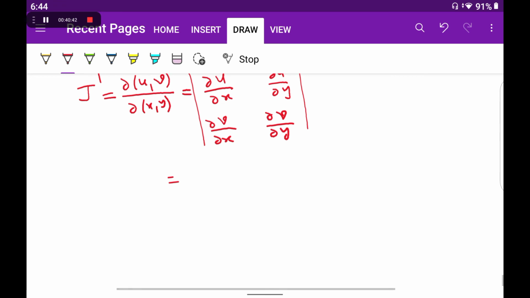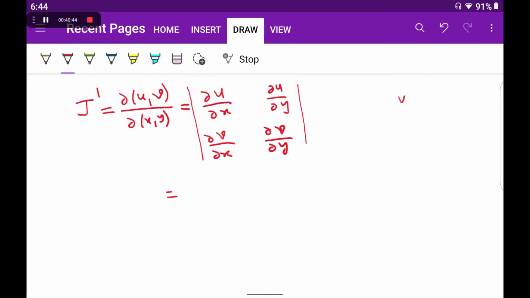So what is u? 1 by 2 into log of x square minus y square. So what is dou u by dou x? We are differentiating u with respect to x. The derivative of log something is 1 by something; whatever is there in this bracket, it comes here.